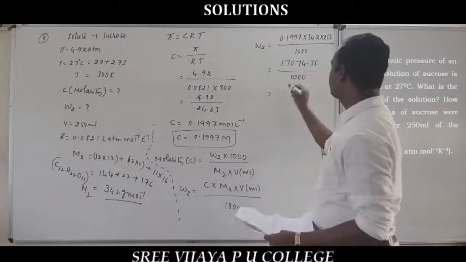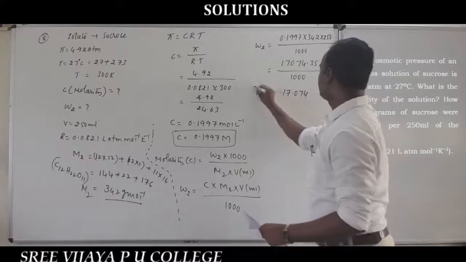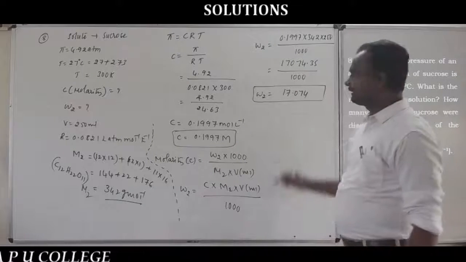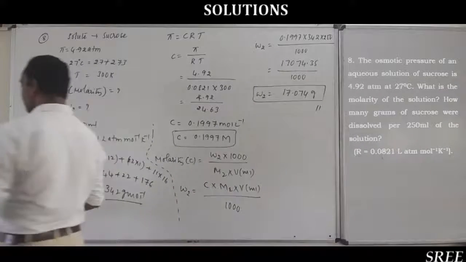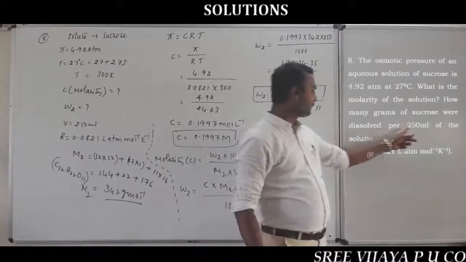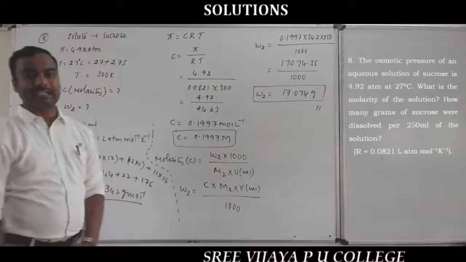That is equal to 17.074. That is W2. What is W2? That is the mass of solute, and mass is measured in grams. That is 17.074 gram of sucrose that can be dissolved per 250 ml of the solution to get the concentration 0.1997.